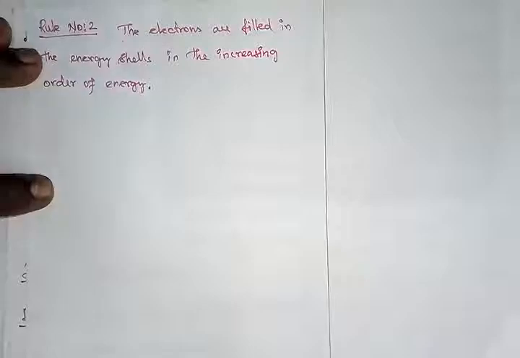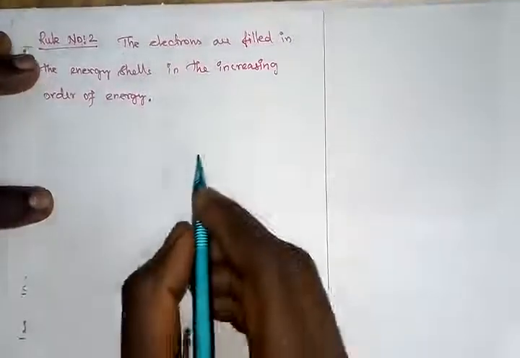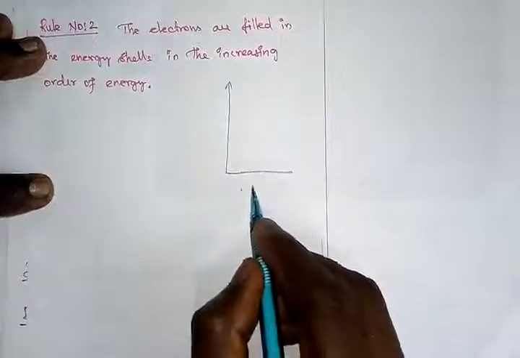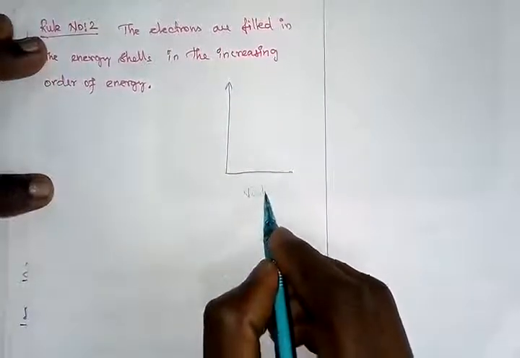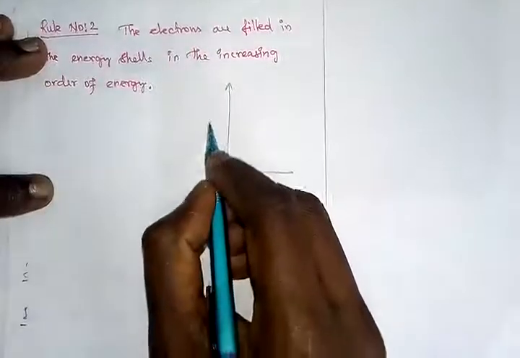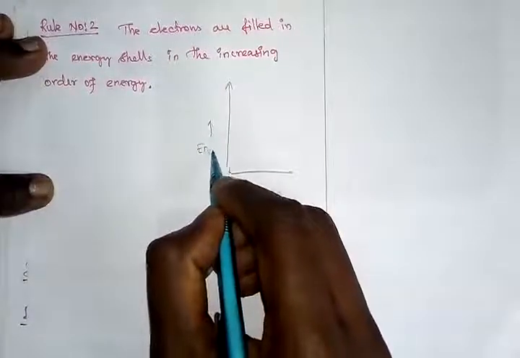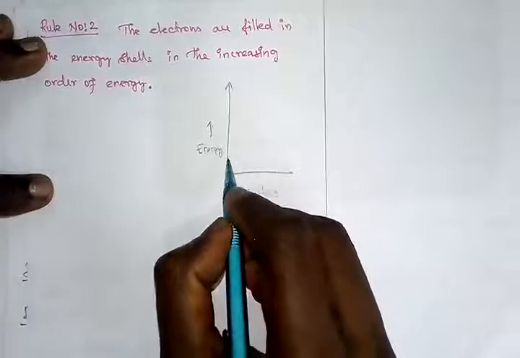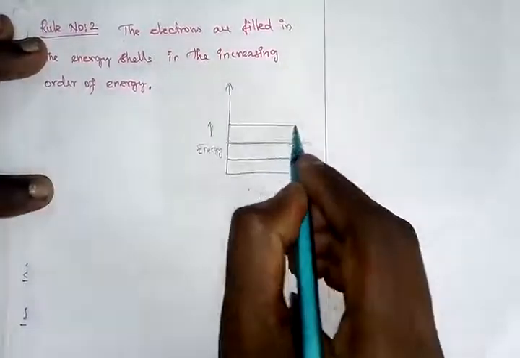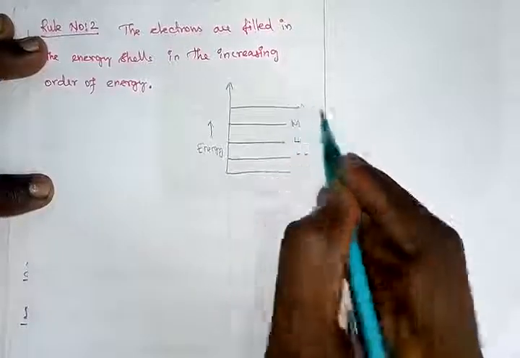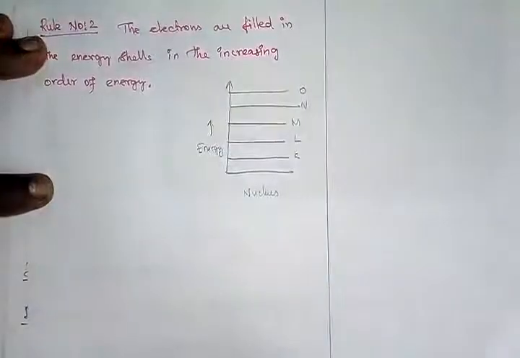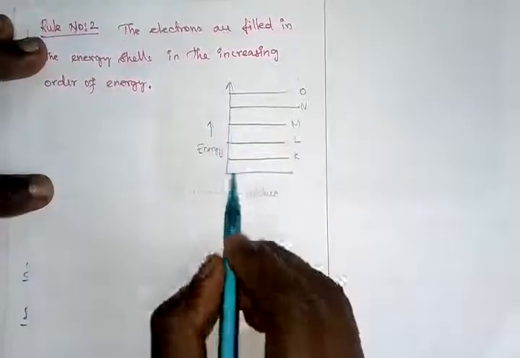See, in Bohr's model of an atom, if I draw a picture like this, you could see this. Imagine this is the nucleus at the bottom, and then this is energy. The K shell has the least energy, then L shell, then M shell, then N shell, then O, and it goes like that, right? Which has the very least energy in the diagram, my dear children?